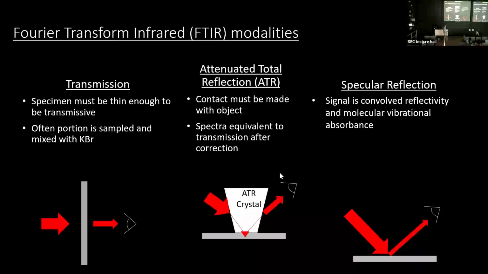You send in the light at such an angle that it totally internally reflects off the interface between the crystal and your sample. And then the light doesn't actually penetrate into your sample. We have just an evanescent electric field that penetrates into the sample. And that evanescent electric field can still interact with your sample, but it means we don't have to do any sample prep.